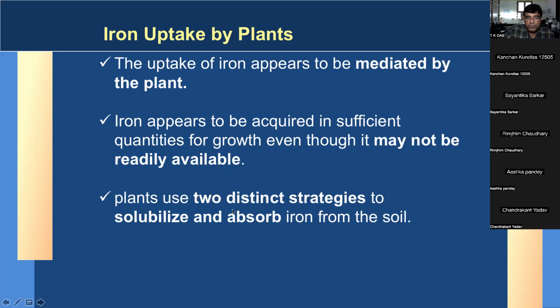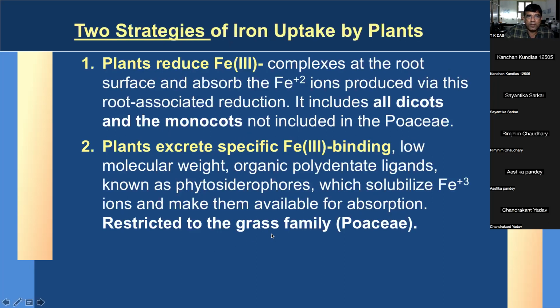So plants use two distinct strategies to solubilize and absorb iron from the soil. Number one, plants have the ability to reduce Fe3+. Some plants, aerobic plants, have the ability to reduce Fe3+ complexes at the root surface and absorb the Fe2+ ions produced via this root-associated reduction.